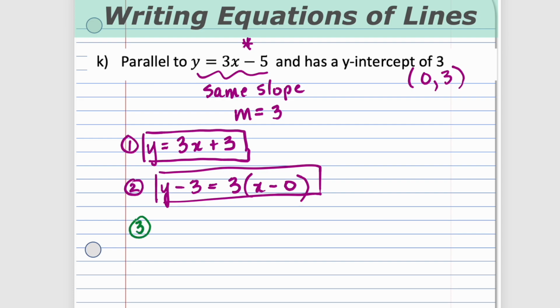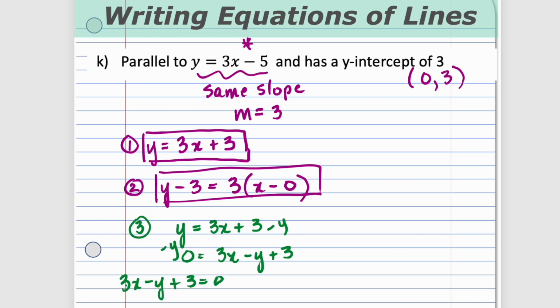For general form, we start with this equation and we'll just subtract y both sides. 3x minus y plus 3. We just write it as 3x minus y plus 3 is equal to 0 for the general equation.